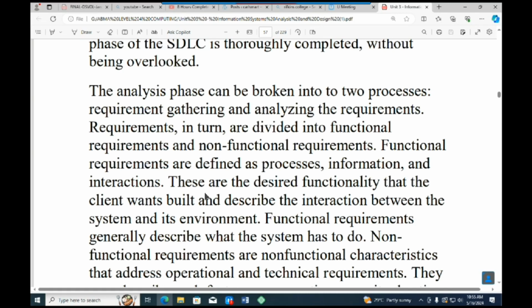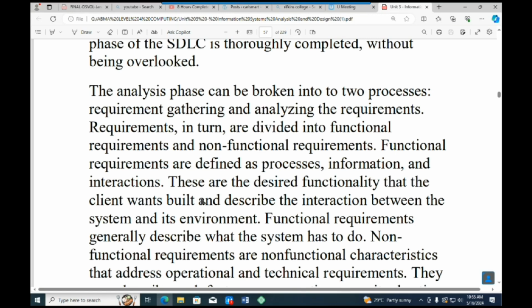Now, the requirements also can be divided into two. Don't be confused here. We have divided the analysis phase into two processes: the first process is gathering of the requirements, and the second process is analyzing the requirements.